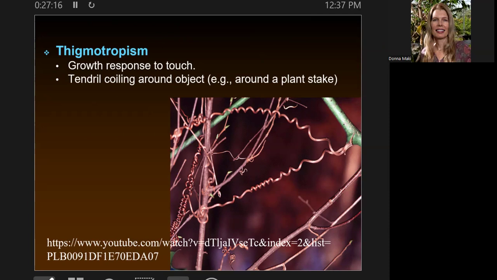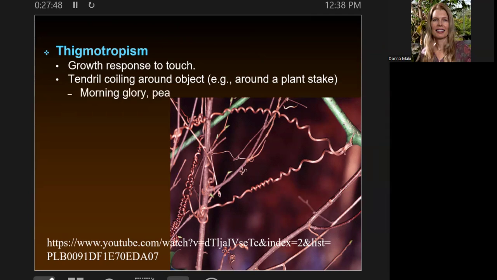What actually is happening is the part that's touching the stake will actually slow down its growth, and the part that's not touching the stake will speed up, and that causes the coil. And then it'll make another coil around the stem, and any part of the tissue that's touching the stake will slow down, the other part speeds up, and you just keep getting that growth response that causes that coiling, wrapping around. That video, when you're studying, will show you that.